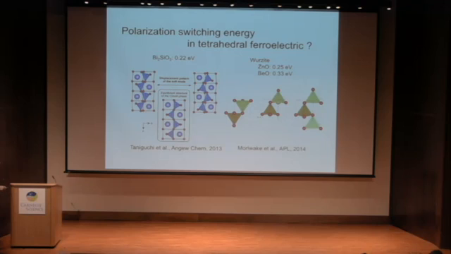But as far as we have calculated the polarization for this trigonal bipyramid, when we move the cations from the center of the bottom tetrahedra to the upper tetrahedra, the activation energy for the switching is obtained to be 0.2 to 0.3 electron volt for beryllium oxide.